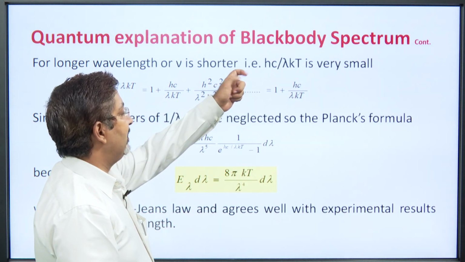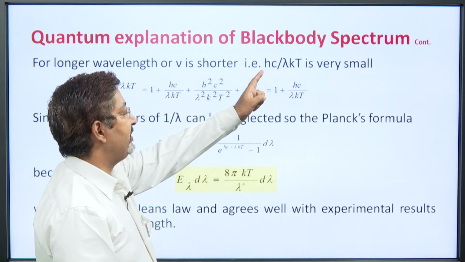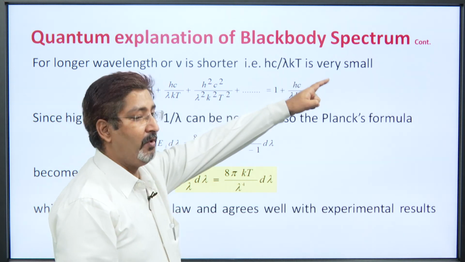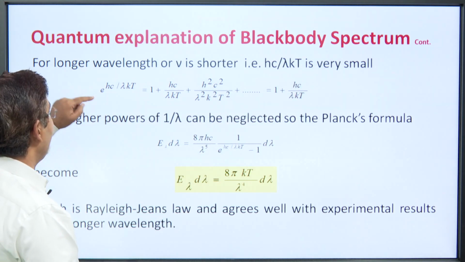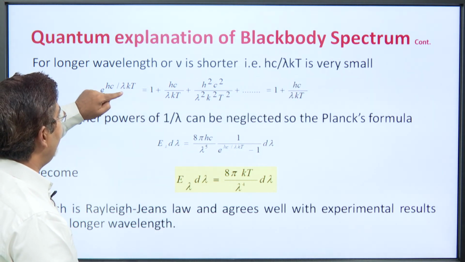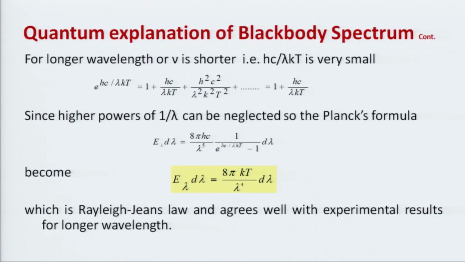Now, for longer wavelength, or nu is smaller, that is, lambda is larger, that means h c upon lambda k t is very small, and e to power h c by lambda k t is equal to 1 plus h c by lambda k t. We can take the series of e to power x, that is 1 plus x plus x square and so on.